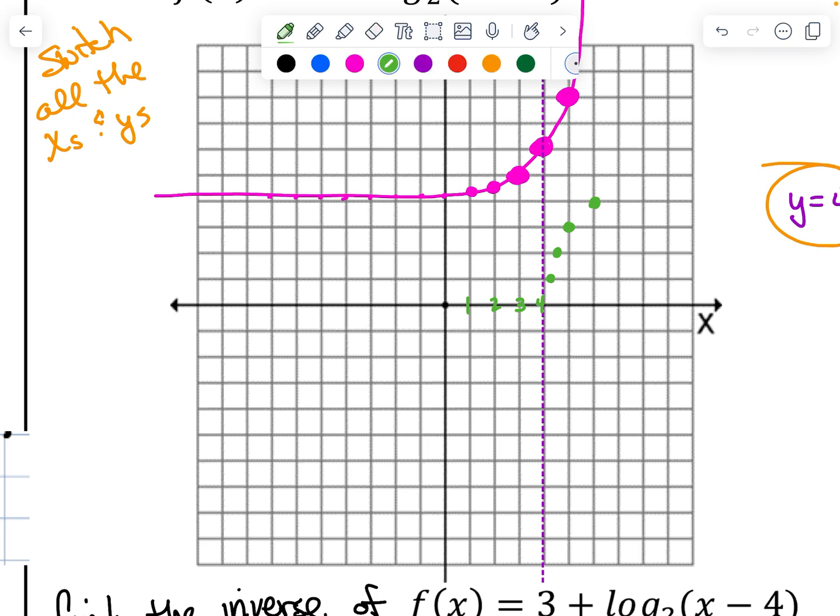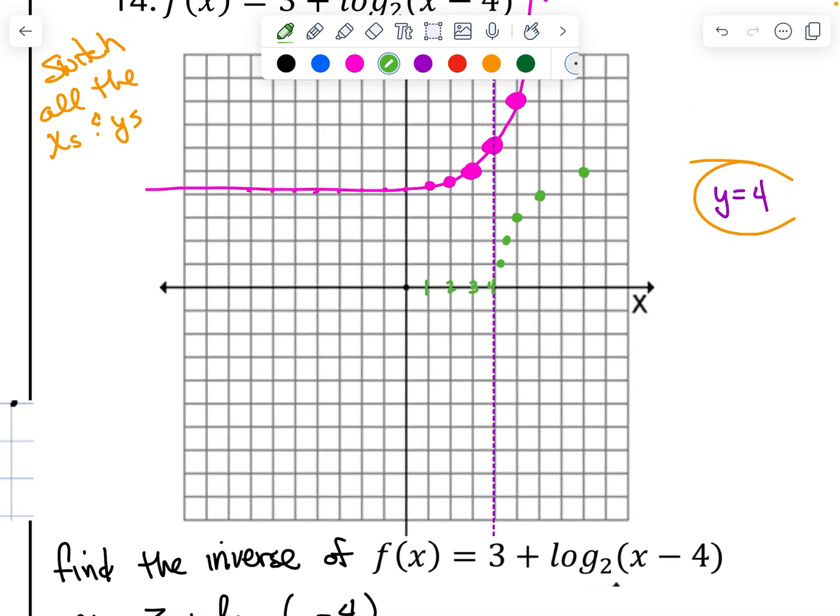Whoops, I need my green ink back. 5, 6, 7, 8. 1, 2, 3, 4, 5. So this curve, this logarithm, is going to slide right up against the line x equals 4, and then it's going to begin its curve this way.